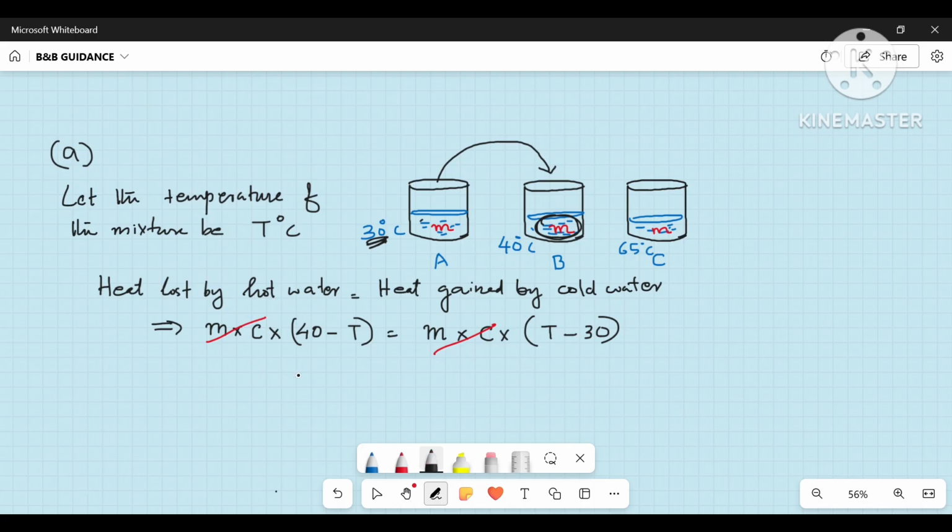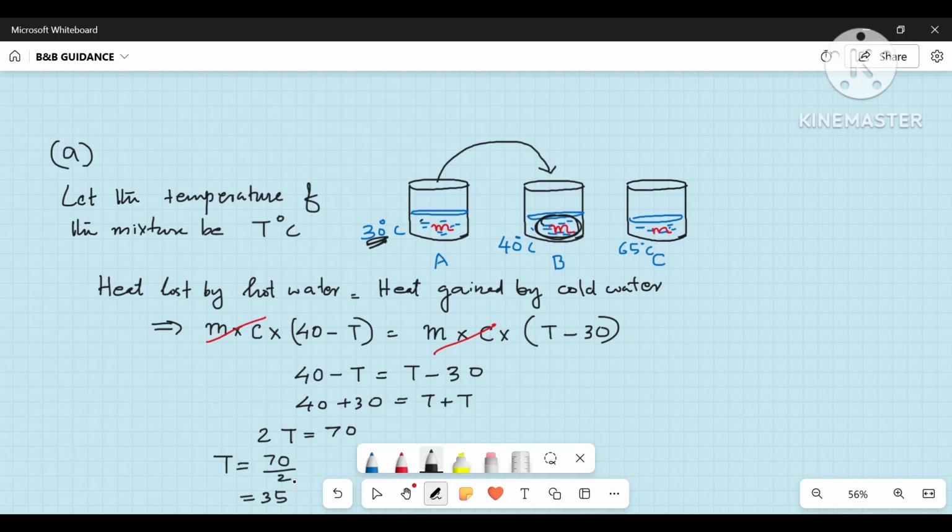So the situation is like this now: 40 minus T is equal to T minus 30. In other words, 40 plus 30 is equal to T plus T. That means 2 times T is equal to 70. T is equal to 70 divided by 2, 35.